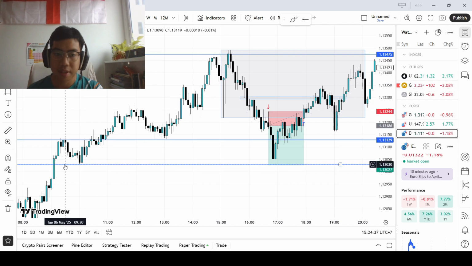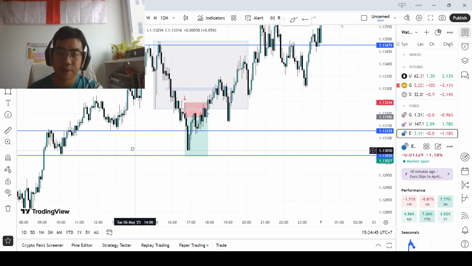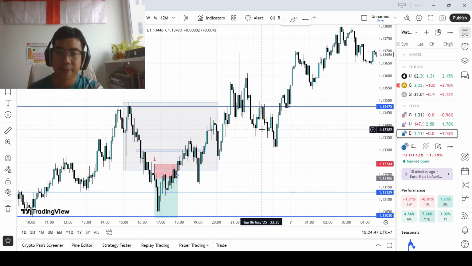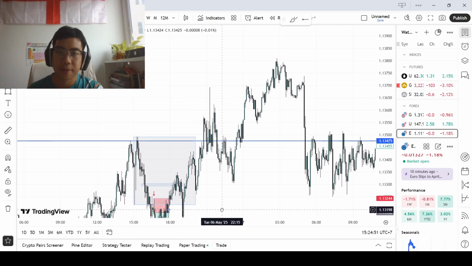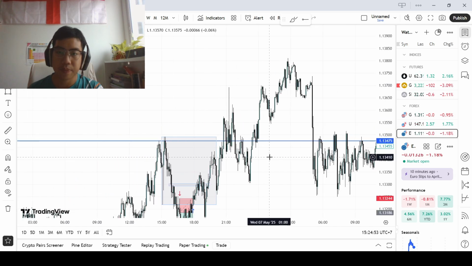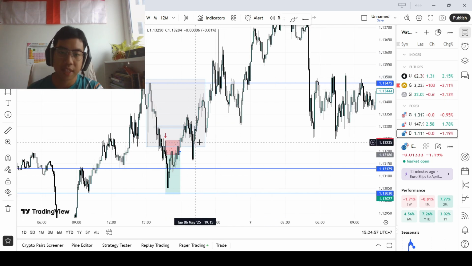But this point of liquidity I deemed to be pretty high probability, so I'm not sure actually. Yes, well, I will keep this in mind.